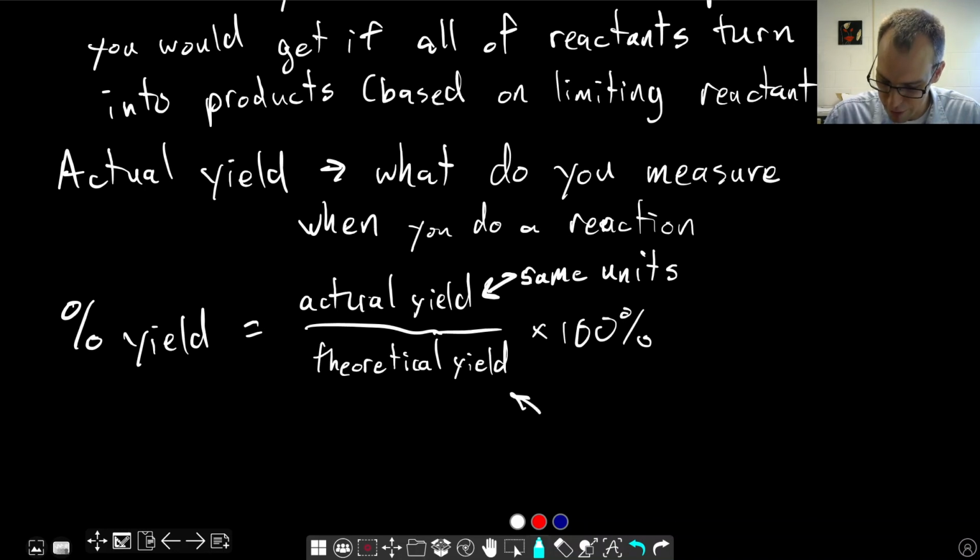The units need to match up for this to work out, because otherwise the units don't cancel out. Percent yield has no units, so it's just a straight up percentage. So that's the idea behind theoretical yield, actual yield, and percent yield. In the next video, we'll look at an example of actually doing this type of calculation.